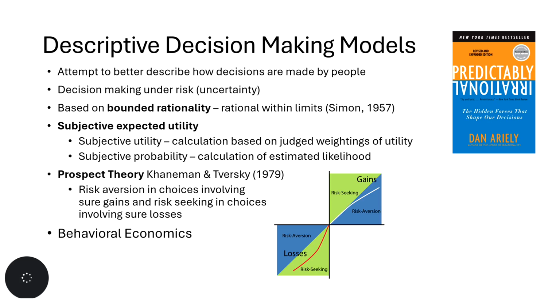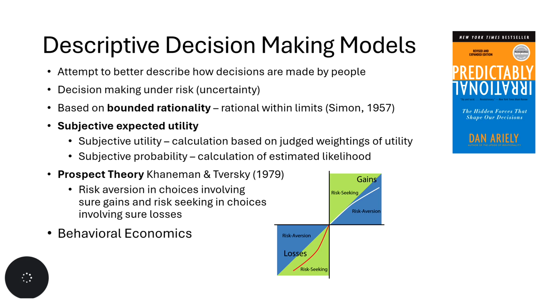It tends to put forward a subjective expected utility. So you have two components of that. You have the subjective utility, so the judged weightings of utility, not the objective utility. So what does the decision maker judge to be the utility? And then subjective probabilities, so calculation of our own estimated likelihoods, not, again, an objective likelihood.